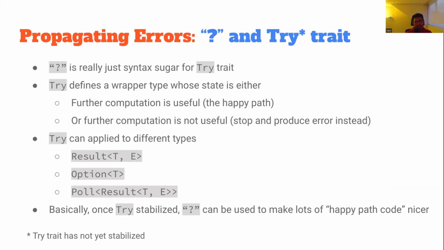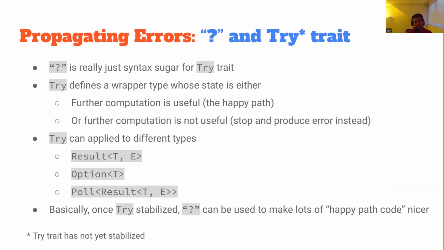As you probably guessed, this is not only for Result; we can use it for Option and also Poll, because in all these cases you find a similar behavior. There is a happy path, and there is a stop and return early, or produce an error instead. Those behaviors can be expressed using this single Try trait. Why is this helpful?